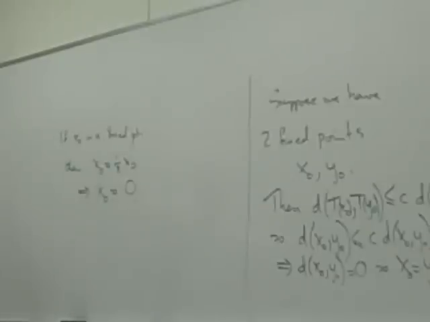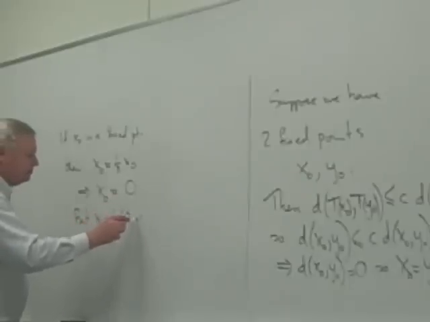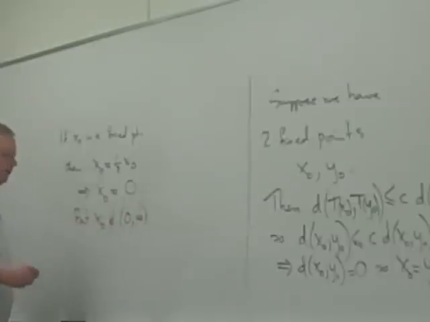But this is not in our metric space. So here's an example where we can have a contraction, but there is no fixed point.